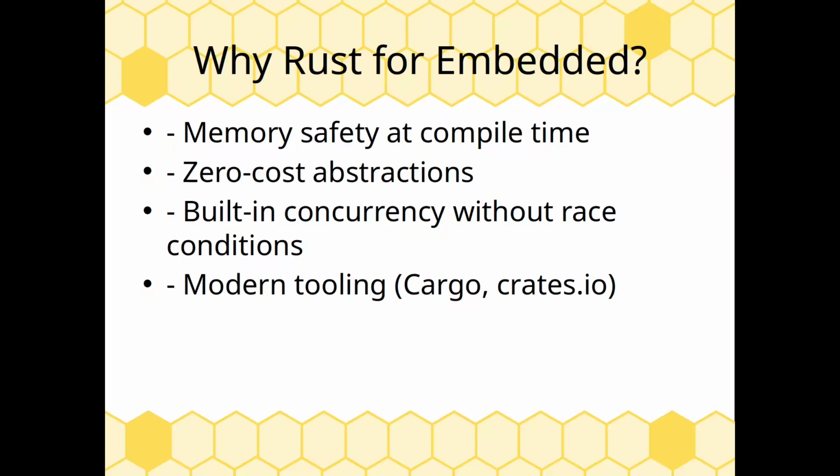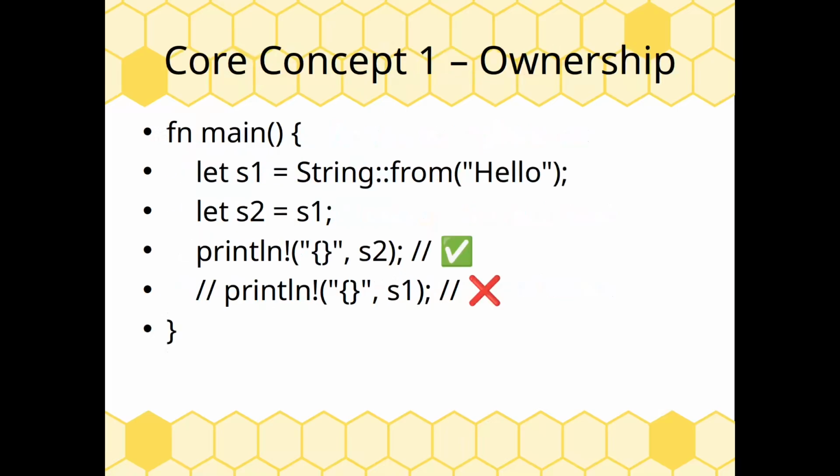It gives the same machine code as when you are using C, and we have built-in concurrency, which will give us output without race conditions. And modern tooling: we have a lot of packages in Rust, and those are all managed using Cargo and Crates.